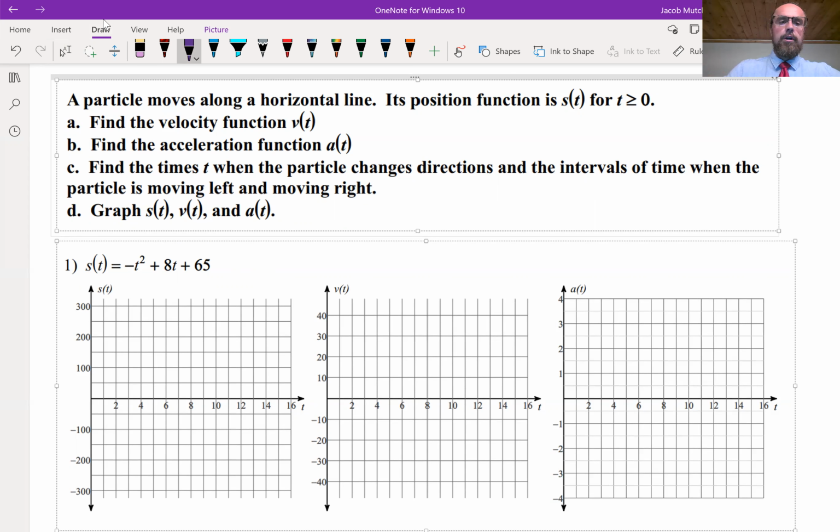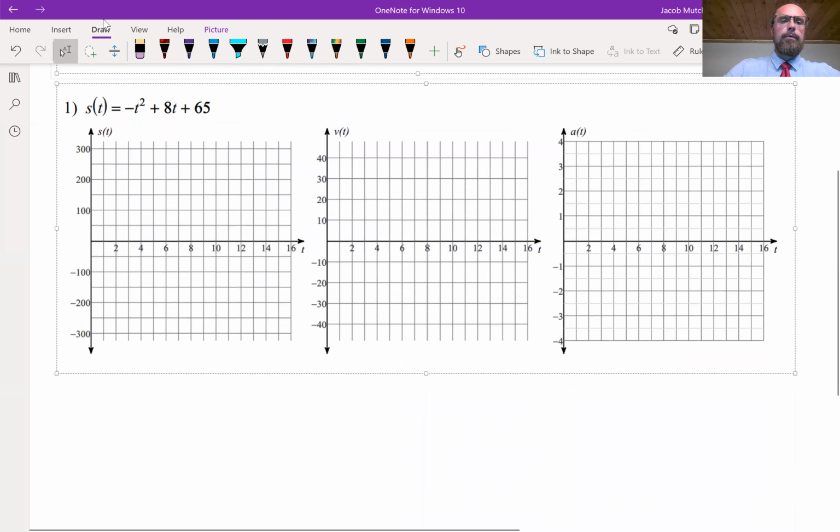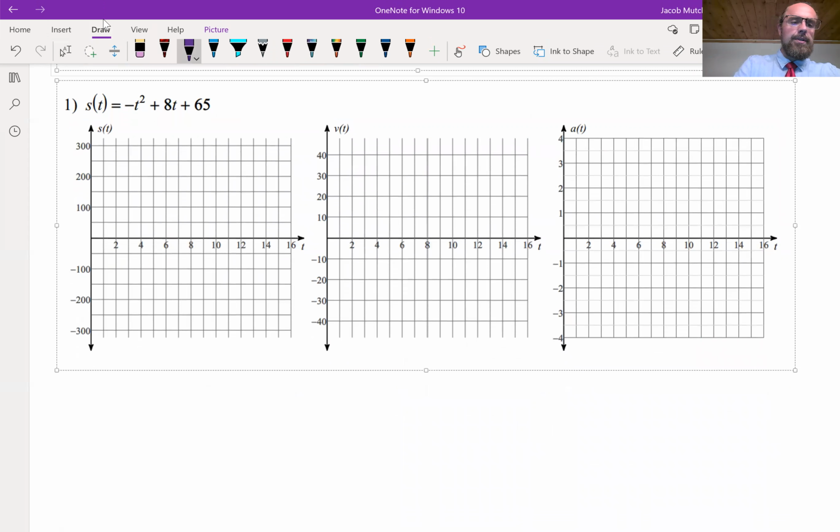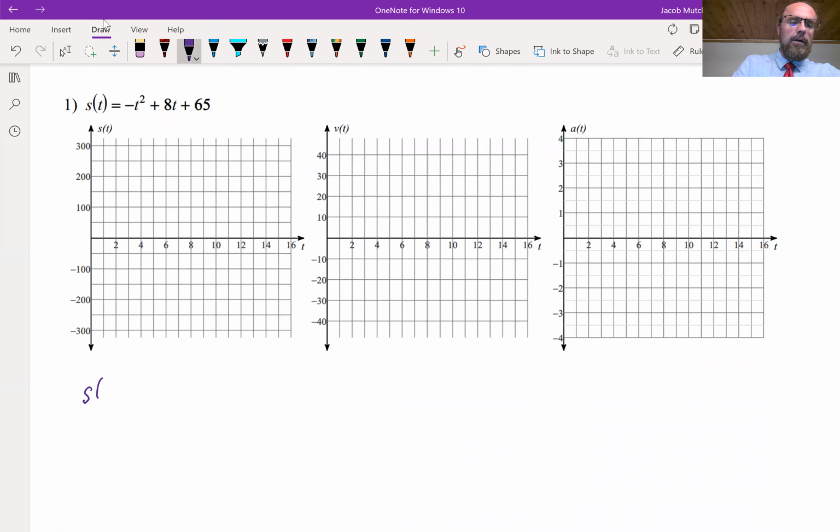So as we start with this first example, if I've got a position function, I'll record down here as well, s of t equals negative t squared plus 8t plus 65. If I want to find the velocity function, I simply need to take the derivative of the position function.